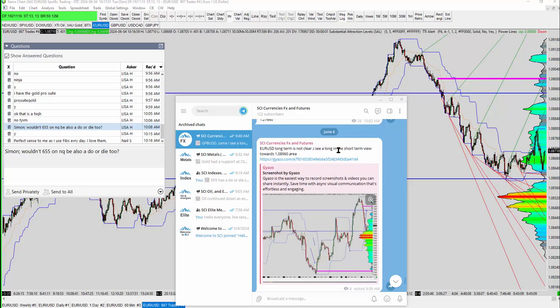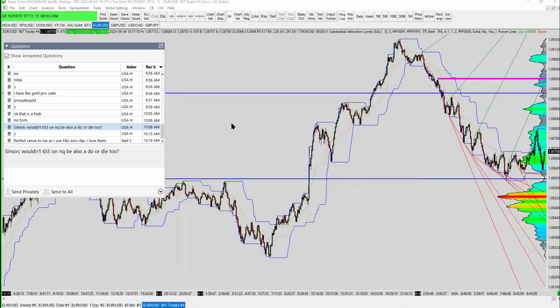I see a long in the short-term view towards this price. Let's examine that. Why do I see a long in the short-term view towards that price? First of all, the long that I see happened already, but I did not catch it. It happened overnight.